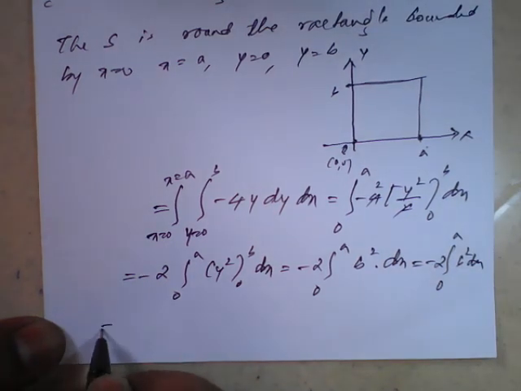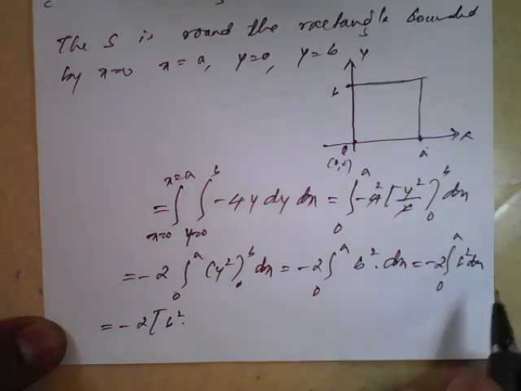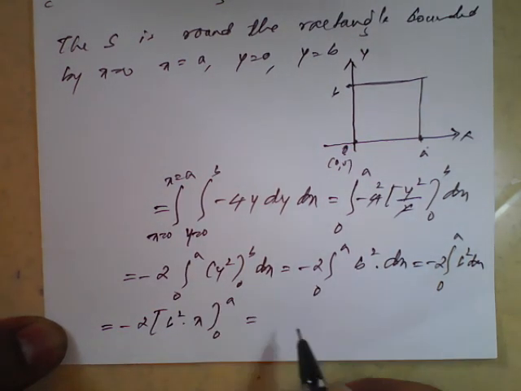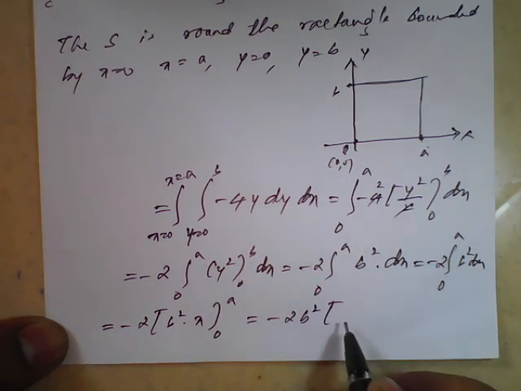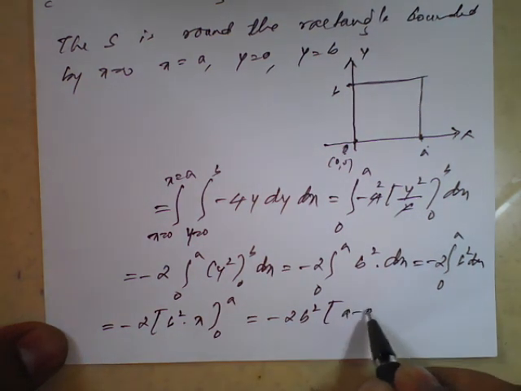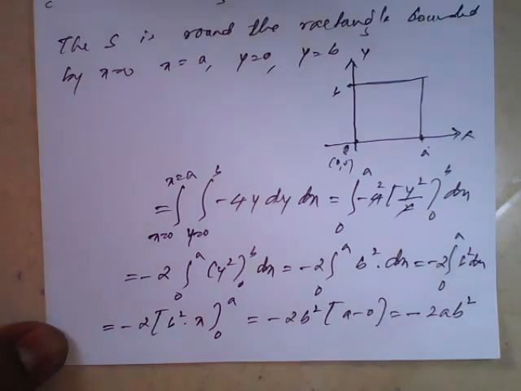So b square is a constant, so it will be minus 2 times the integral from 0 to a of b square dx. Keep minus 2 b square as it is, integration of dx is x, limit from 0 to a. Apply the upper limit, it becomes a minus 0, which is nothing but minus 2ab square.